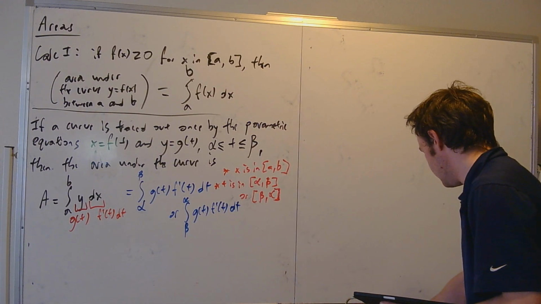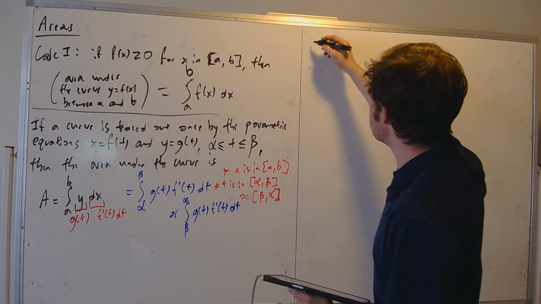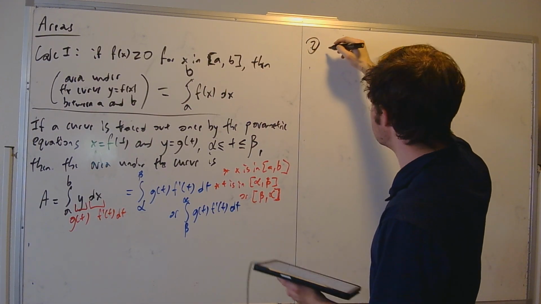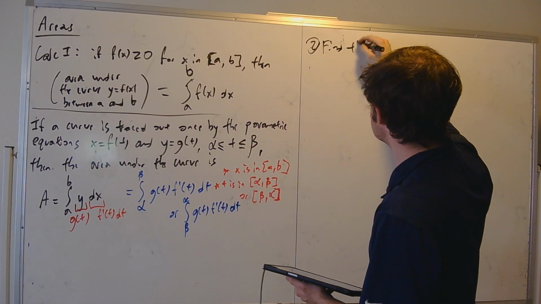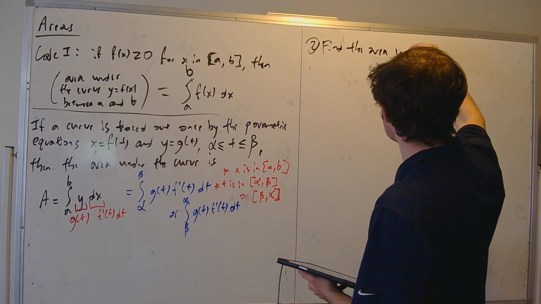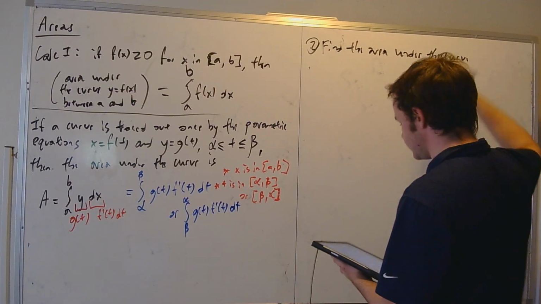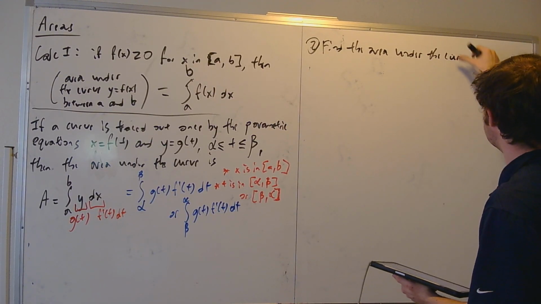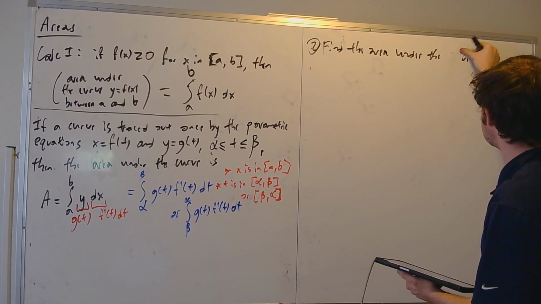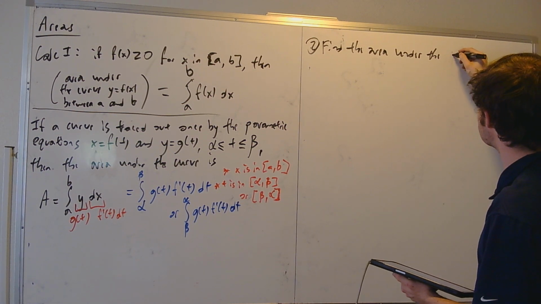So let's do an example using this. Example number 2 is going to say, find the area under the cycloid. Right, so this curve has a special name, it's the cycloid.